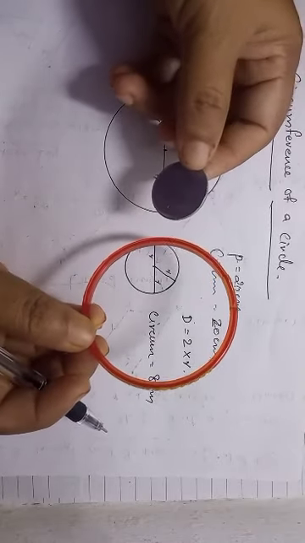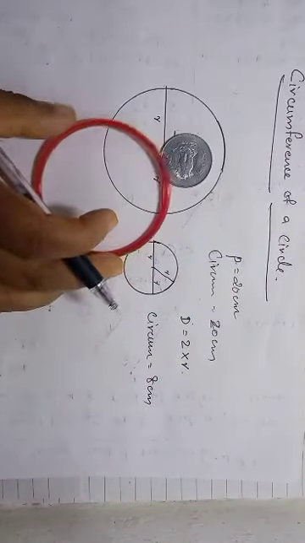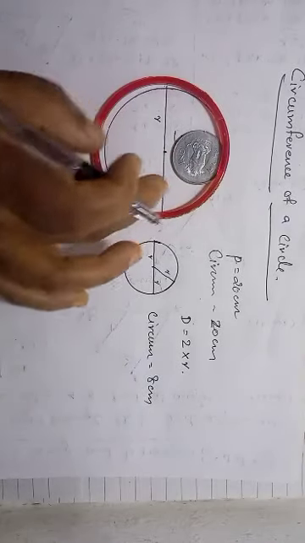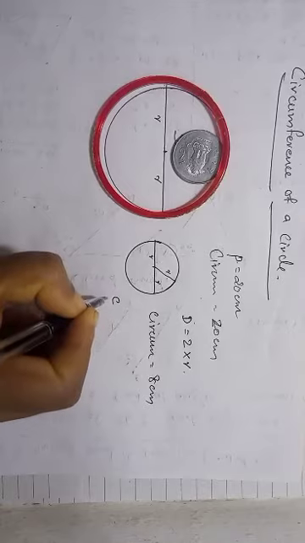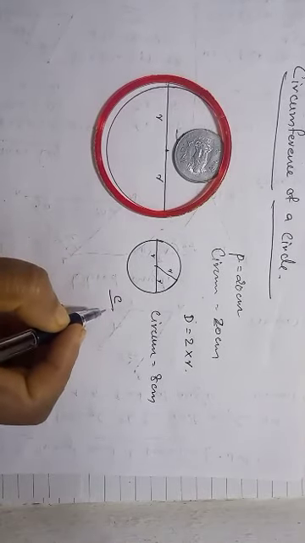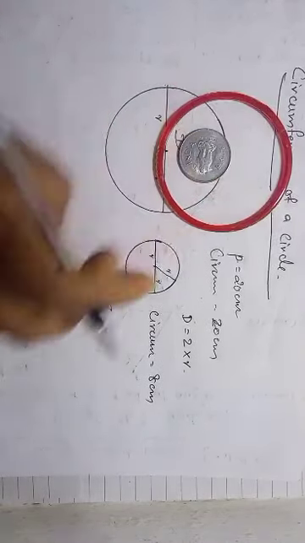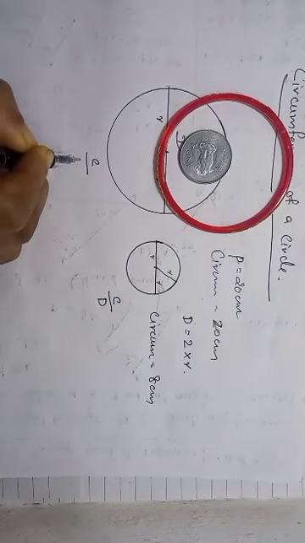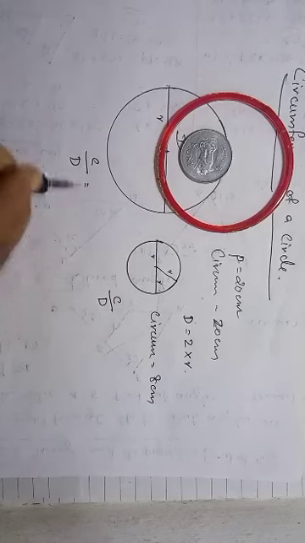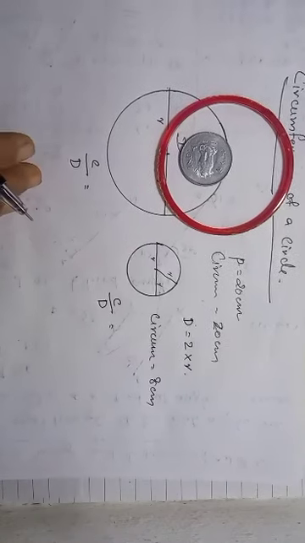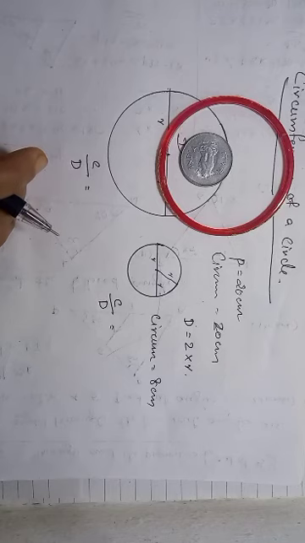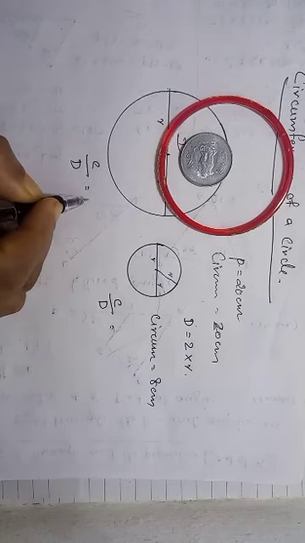Whenever we consider the perimeter, that is, the circumference divided by its diameter, all the time we get a constant number.